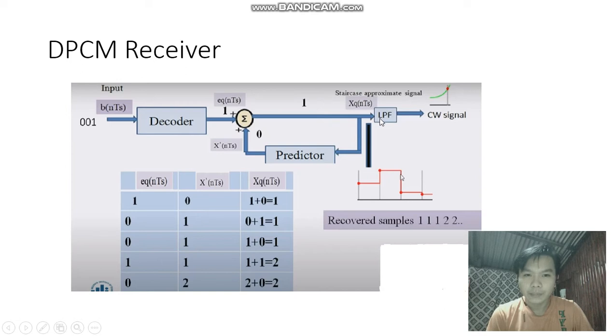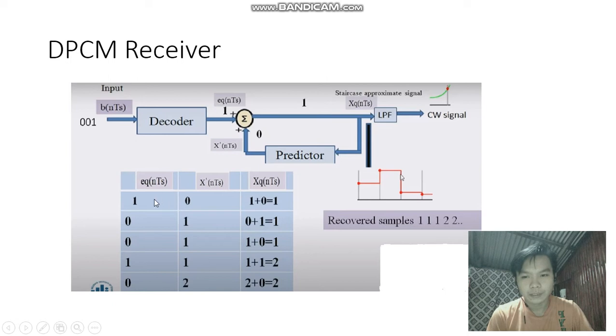Then the LPF or the staircase approximate signal goes from eq(nTs) to x'(nTs). Then it equals the signal. So this is the recovered example from eq(nTs) and x'(nTs) to xq(nTs).